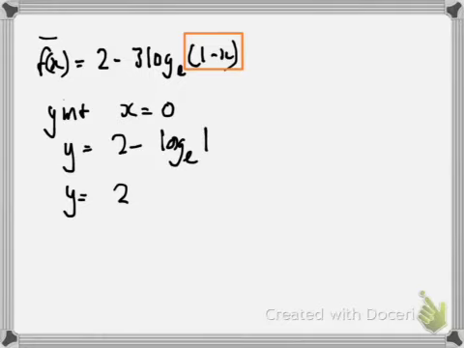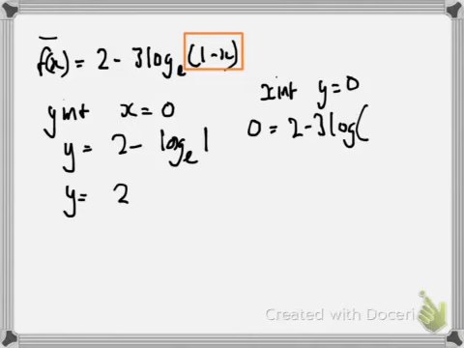Okay, x-intercept might be a bit trickier. We make y equals 0. So 0 equals 2 minus 3 log 1 minus x.